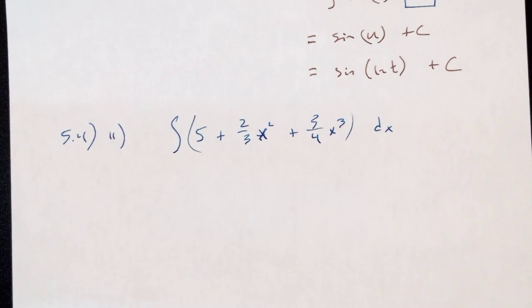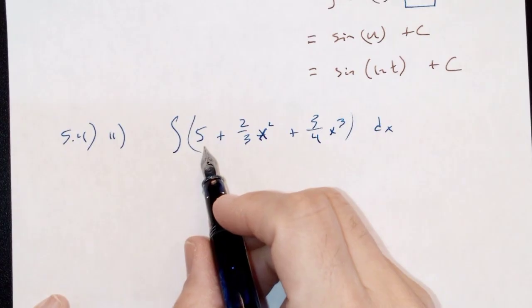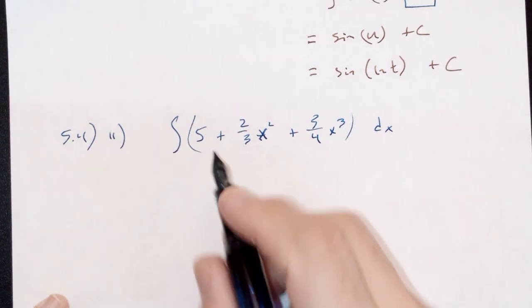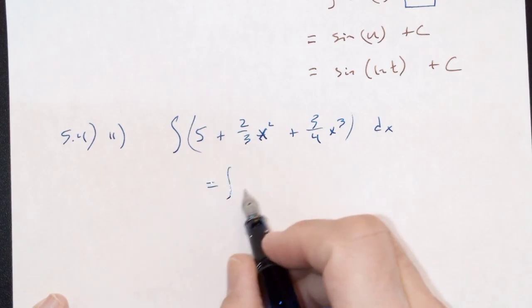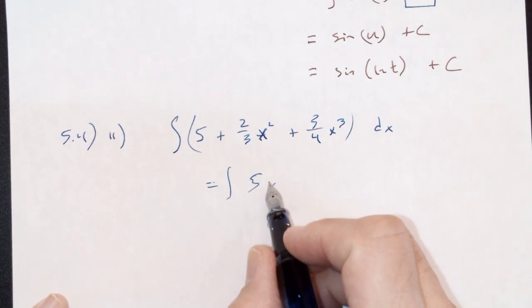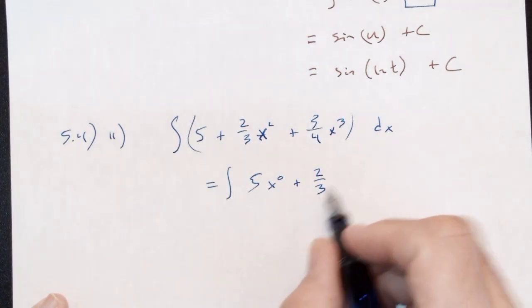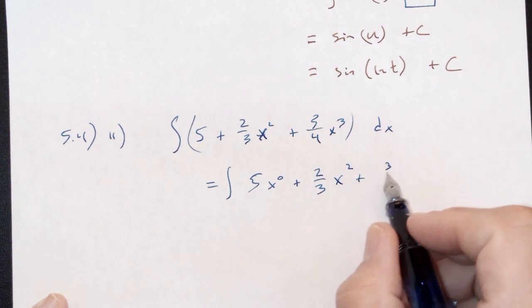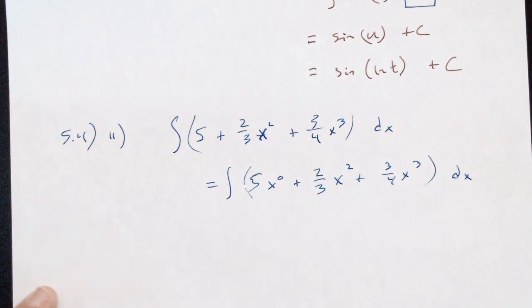I have a 5. What's 5 the derivative of? I can also think of this 5 as having no x's on it at the moment. Right?